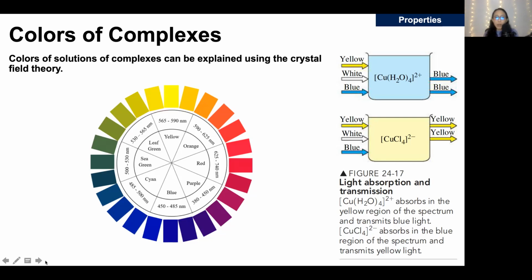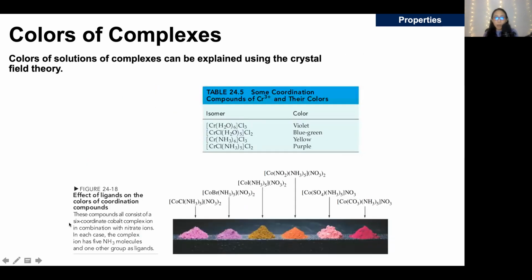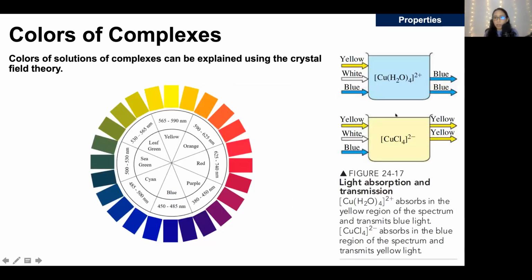Okay? So again, since it has something to do with, sorry class, let me just point this out. Again class, it depends on the ligands. Kasi nga, meron siyang kinalaman sa crystal field theory. Okay, let's consider this. So these are 2 complexes of copper.